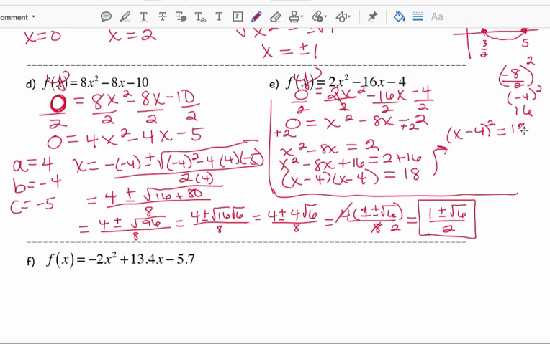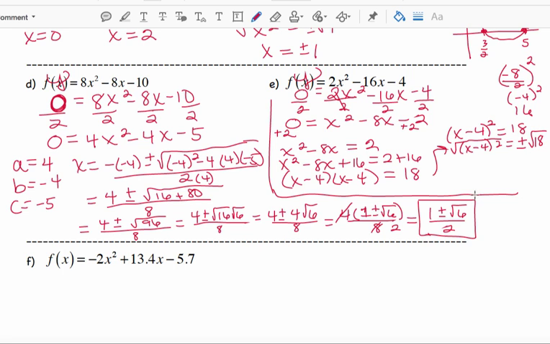On the right side, you still have your 18. And then once you have your perfect square trinomial factored into twins and condensed exponentially, you can square root both sides. I will be square rooting the quantity x minus 4 squared. What you do to one side, you do to the other.